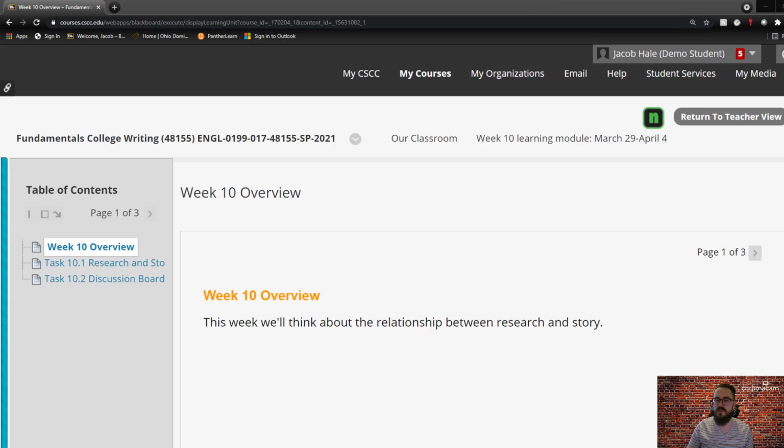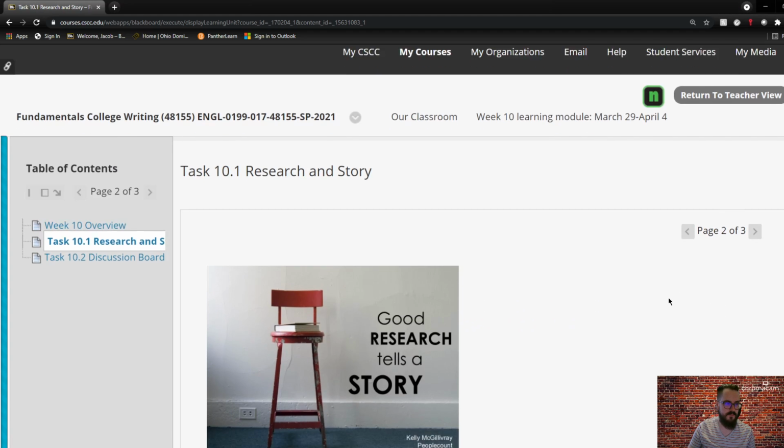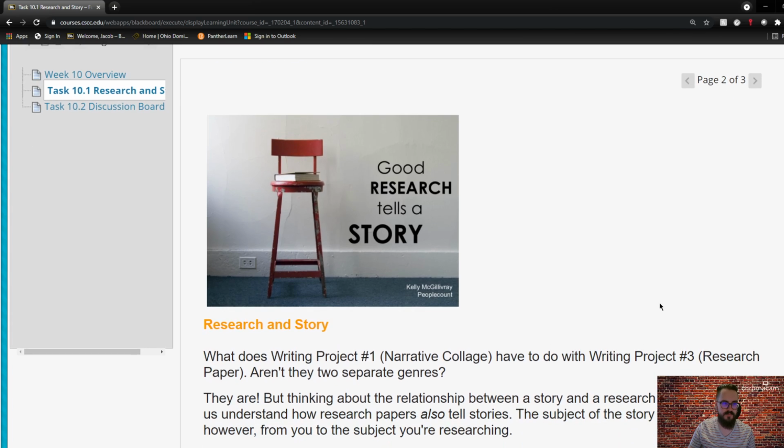This week we're going to be thinking about the relationship between storytelling and writing research, and looking at what those two types of writing have in common. As you see here, there's this idea that good research tells a story.